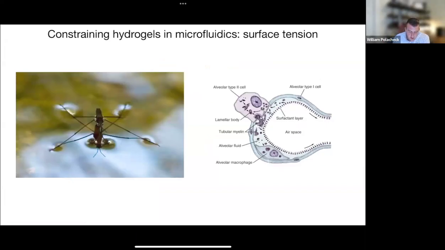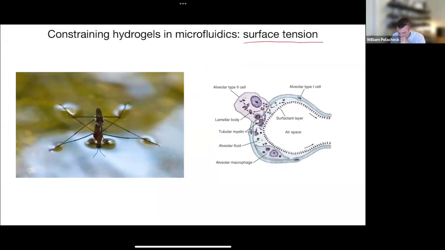So just a quick note on how we actually introduce hydrogels into microfluidic devices, because this is a good transition between both the benefits of microfluidic devices, but also one of the key challenges, and that is surface tension.